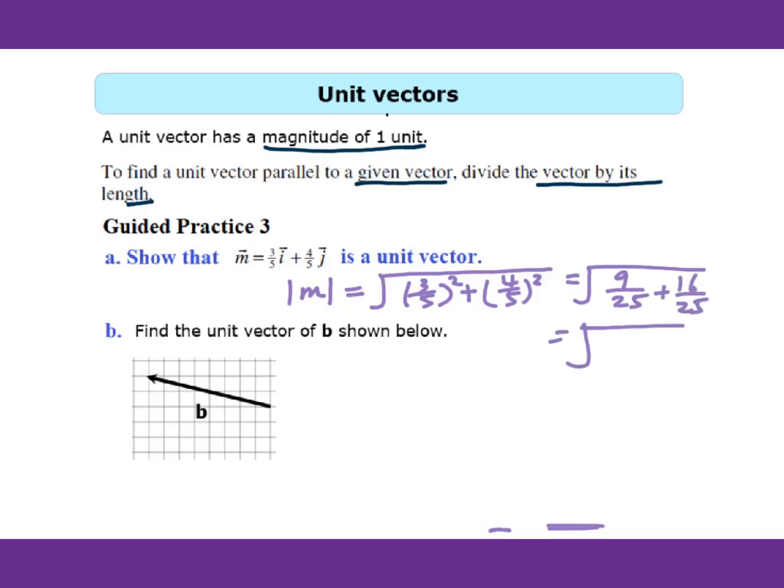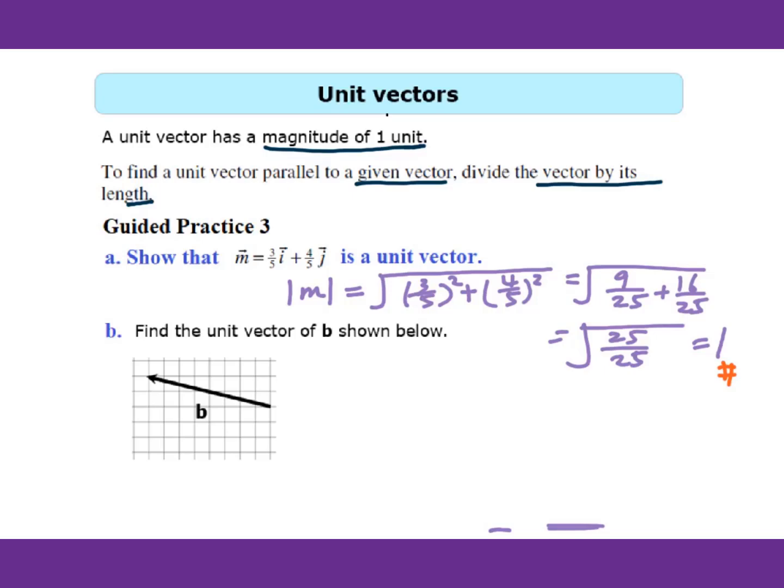So we get 25 over 25 equals 1. Then we finish proving, because any vector whose magnitude is 1 unit is called a unit vector.